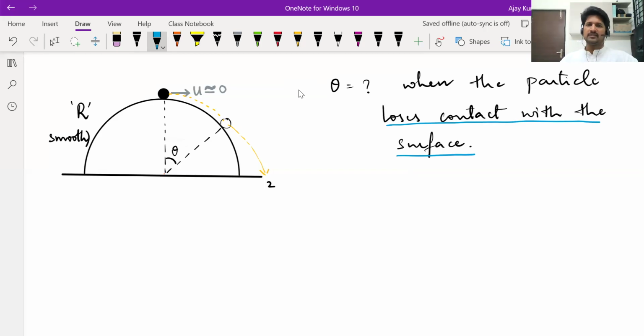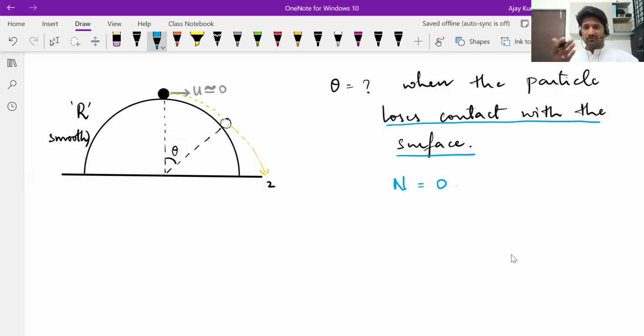Or how to write a physics equation based on this? Normal force equal to 0, sir. Good, very good. Wherever the ball is about to lose contact with the surface, the normal force becomes 0. That is how you frame an equation out of the simple fact that something is going to lose contact.